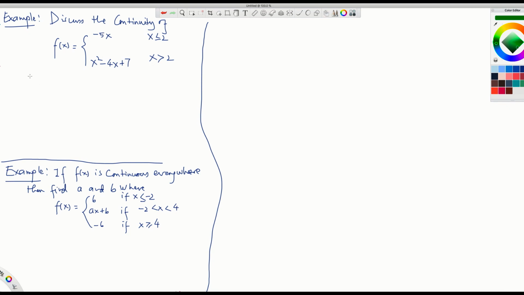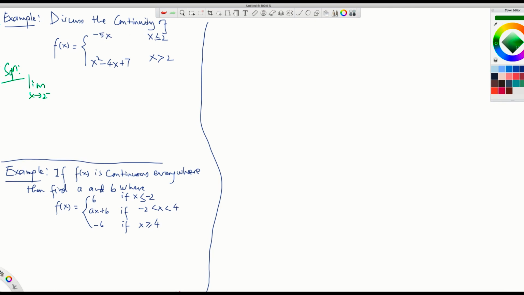So how do I check that? We find out the left limit. So the solution is, let's find out the left limit at 2. x tends to 2 minus, because at 1, 0, negative 1, negative 2, negative 3 it is continuous because it is a polynomial function.